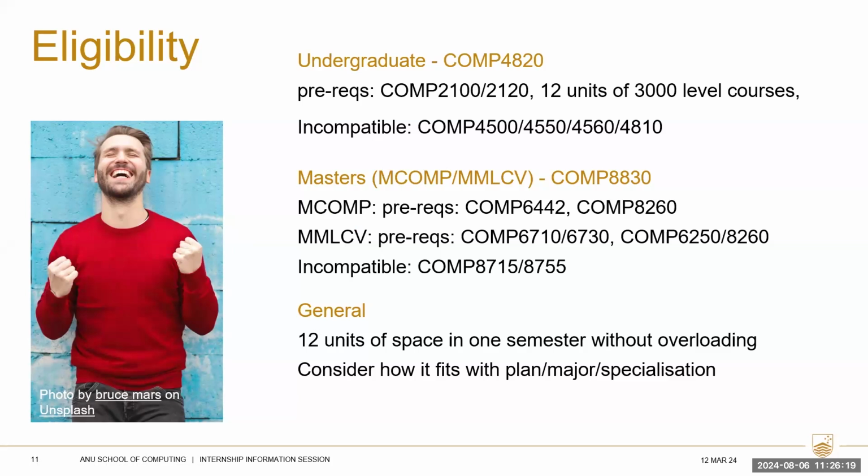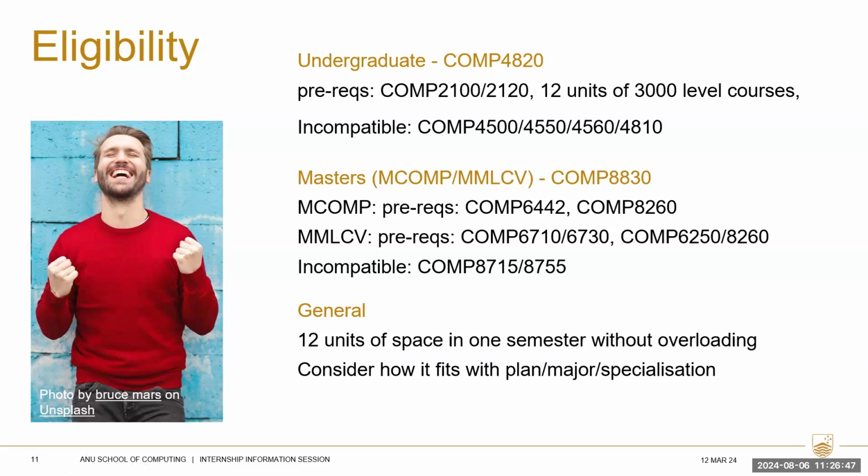And you should have finished the 2100 or 2120 as the prerequisites, and it's incompatible with all those course codes up there. If you're in a master's, so this is part of those programs there, MComp or MMLCB, you have different prerequisites depending on which stream you're coming from, and you can see the prerequisites up there. And it's incompatible with those courses listed there as well.